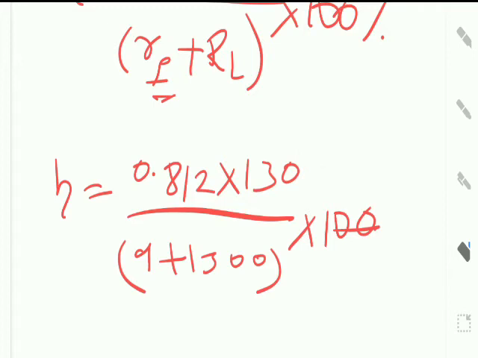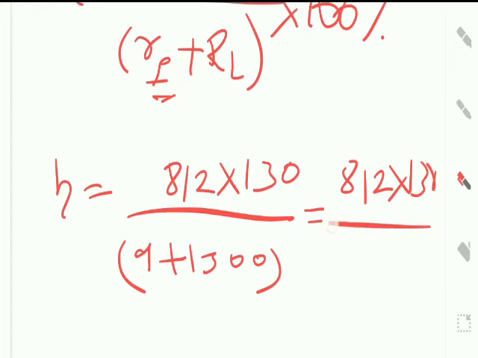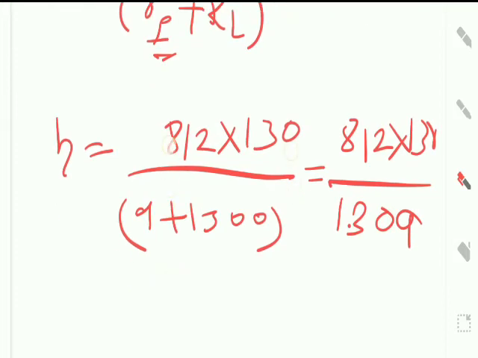These three zeros cancel, this point is removed. So our value is 0.812 into 1300 by 1309. If we solve this one, we get the answer.